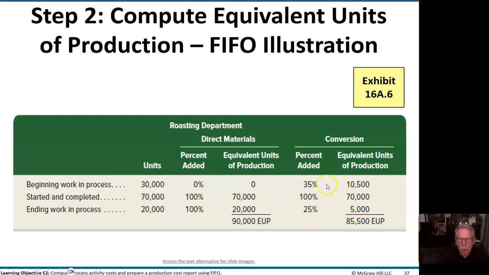And then we'll take the 65% subtracted from 100% to get the percent added during production, or 35% of this 30,000. 100% of started and completed, and finally 25% of our ending work in process.